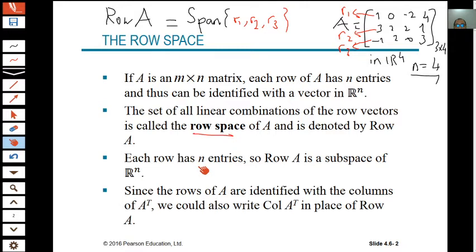Each row has n entries, or for this matrix we have 4 entries since we have 4 columns here. Row space is a subspace of Rn. So for the example, it is a subspace of R to the 4.